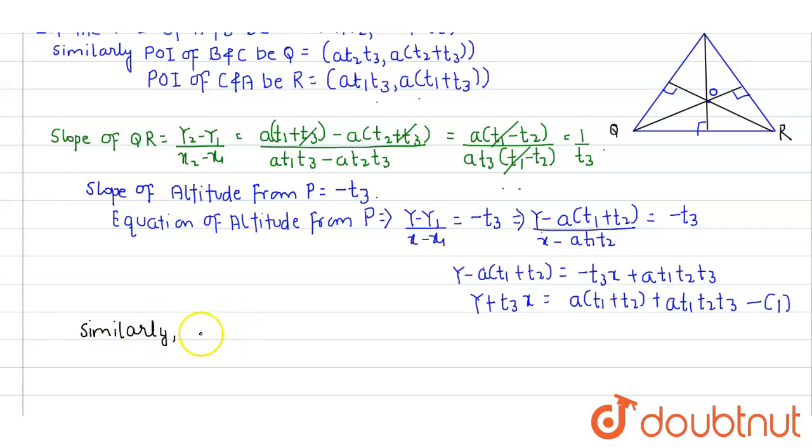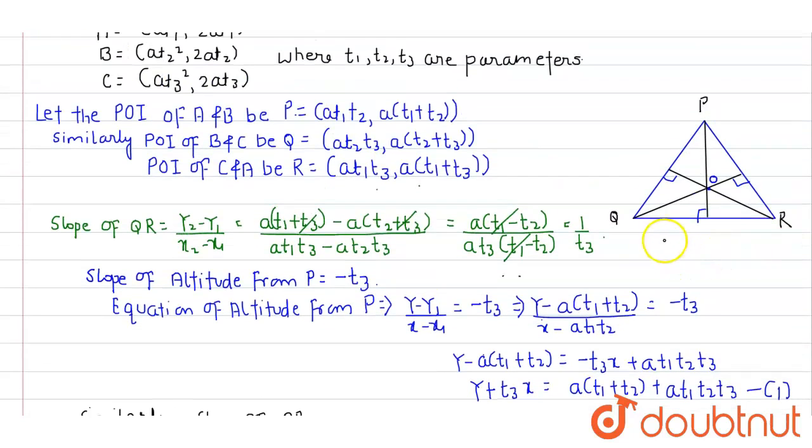Similarly, the slope of QR is 1 upon T3.